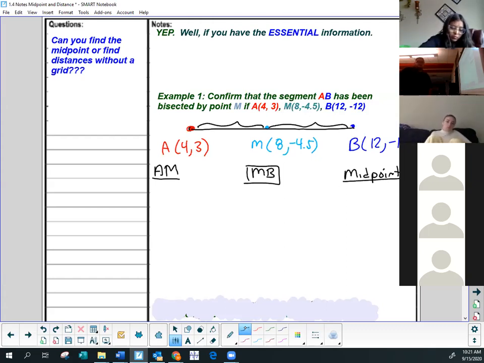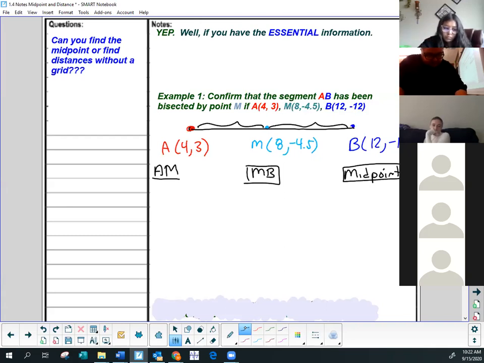Okay, in an effort to work together on this, can I get anybody with a last name ending in A, B, C, or D to calculate the first distance, AM? If your last name begins with an E through L, can you calculate the second distance?